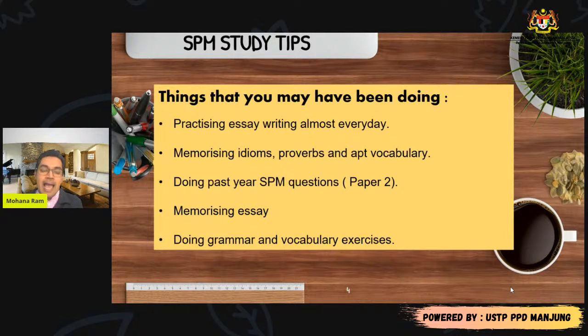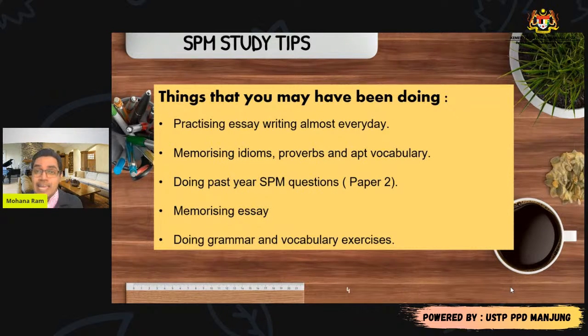But how much you practice all this with an objective is the most important thing. If you have attended my workshop before, this is what I would always say. Whatever you are doing, let's say you want to practice writing, you need to have an objective or an aim of what you want to achieve at the end of your writing task.